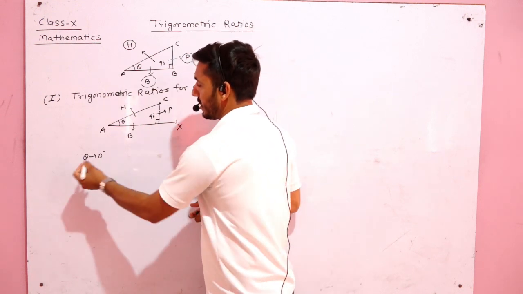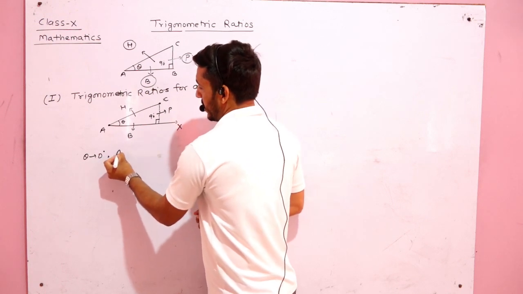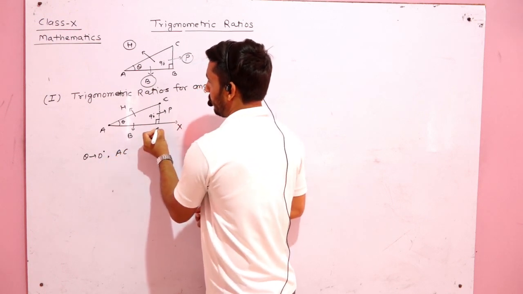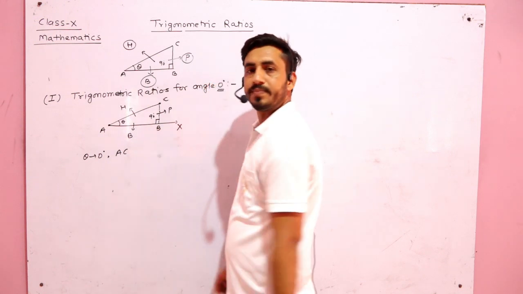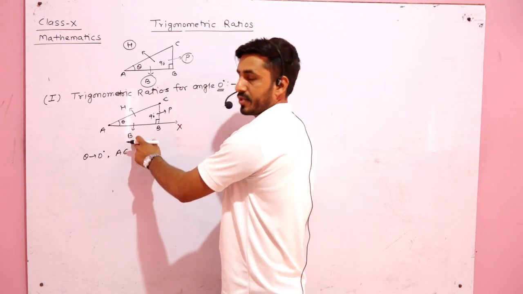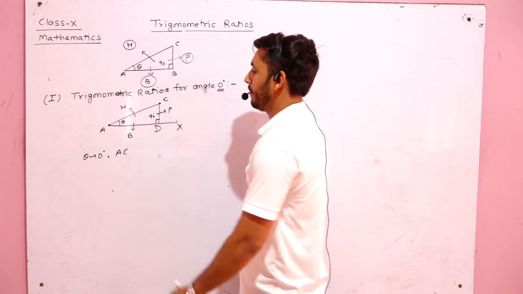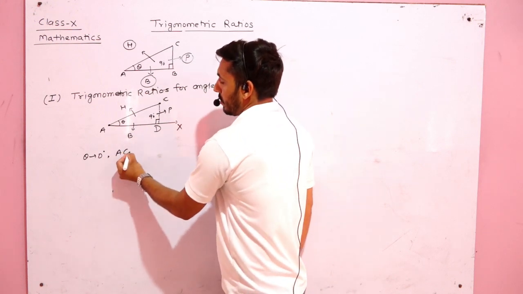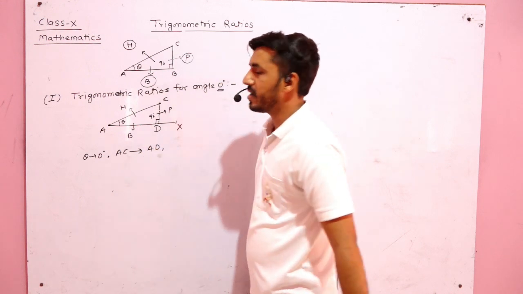Then if I make theta tend to 0, in this condition we can assume the base point B as point D, no problem. Then AC will move towards AD.